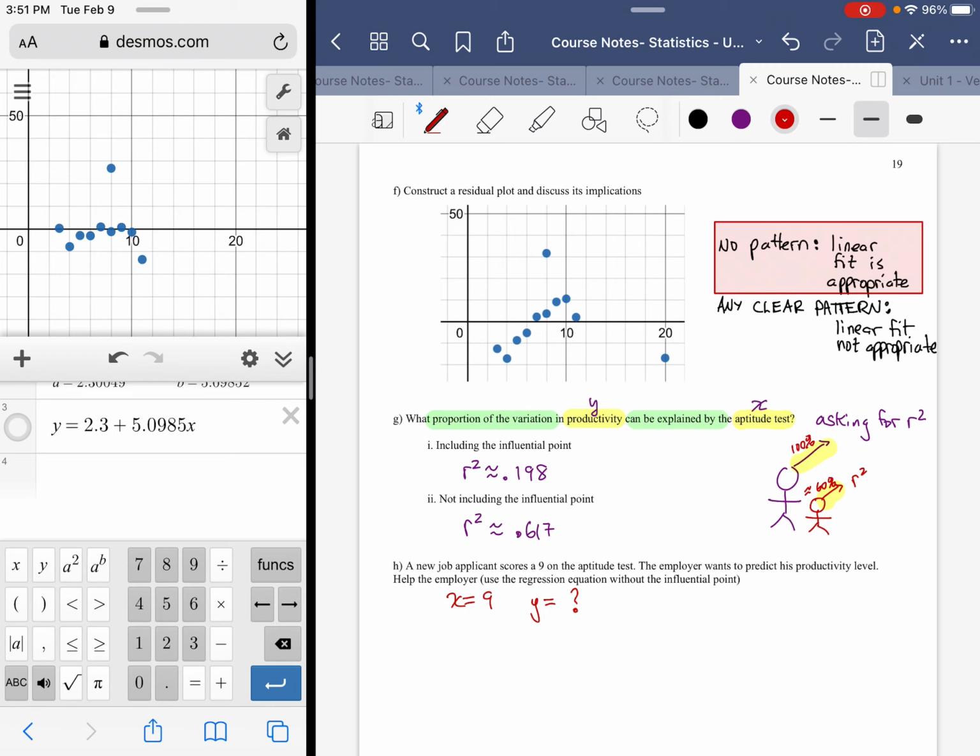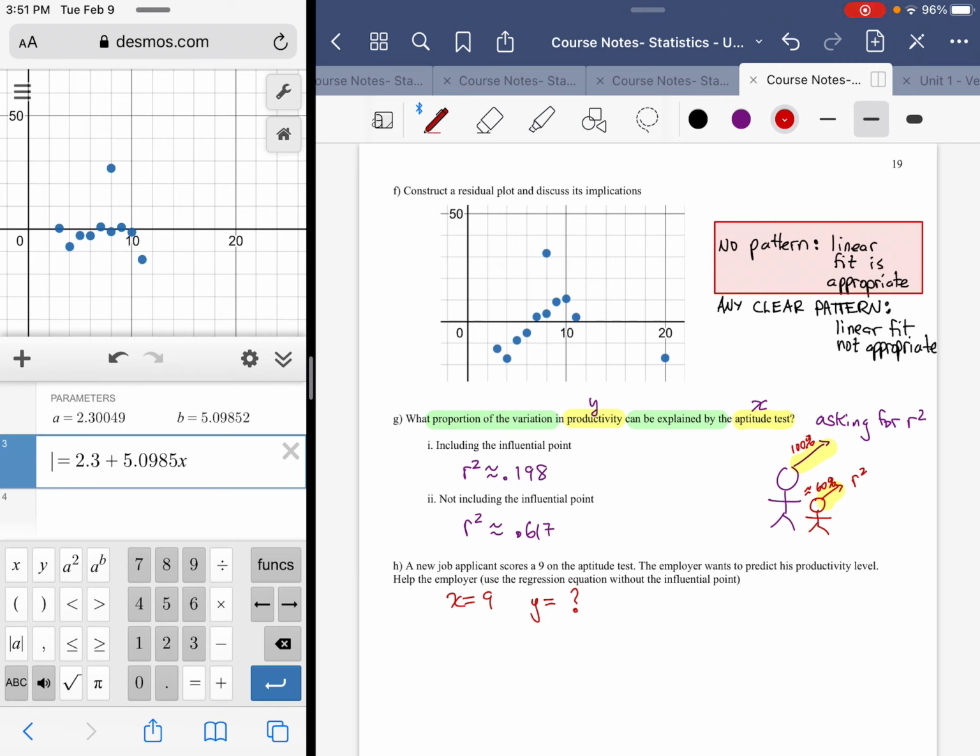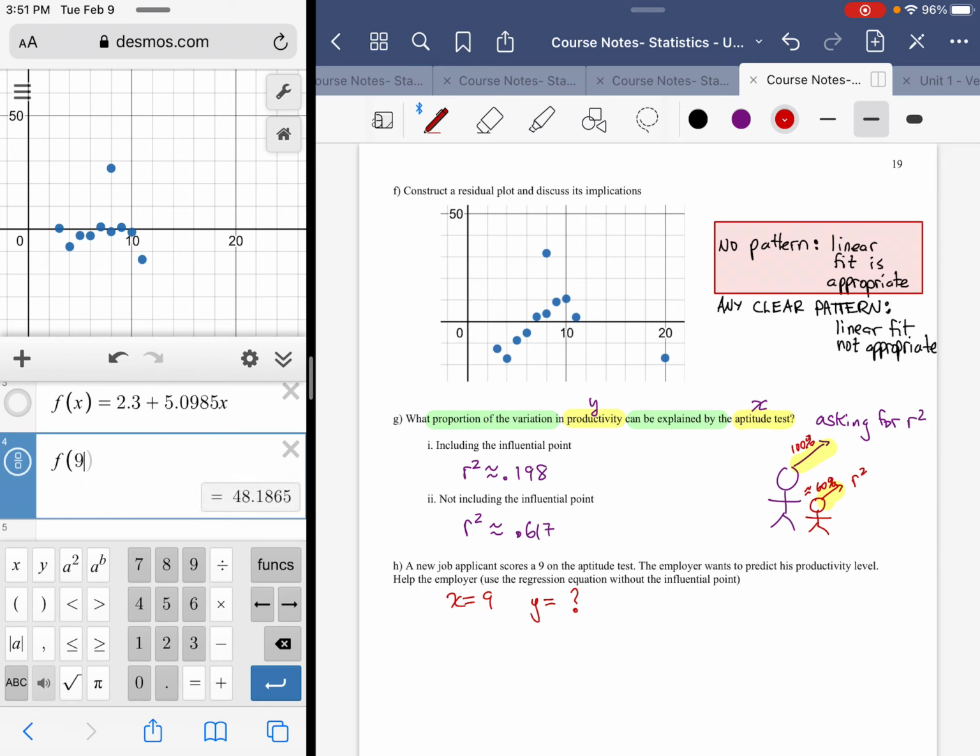So what we would want to do, we can do it one of two ways. We can rewrite this y so it's an f of x, using that function notation. You could put a few more decimal points in if you want a little bit more accuracy, but then if you write f of 9, that figures out the y value that corresponds with the x value of 9.